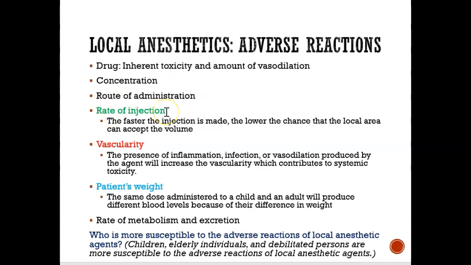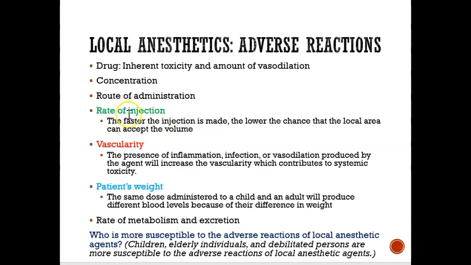Now, when you inject a local anesthetic, one of the key things they teach you is to inject slowly. I know when I did this as a student, I graduated from BC, I had to learn how to apply local anesthetic. That was a really important thing that they stressed. They said that when you inject it slowly, one reason it's good is because it reduces the pain. The client feels a lot less pain when we inject it really slowly.